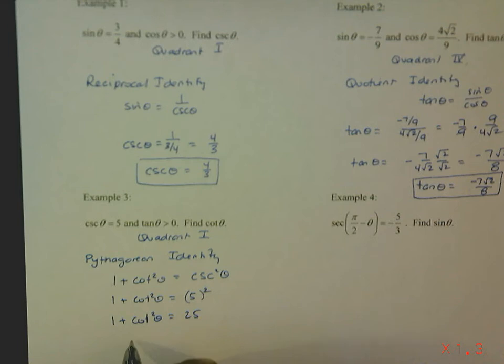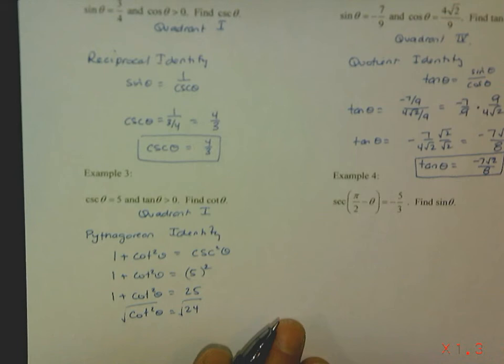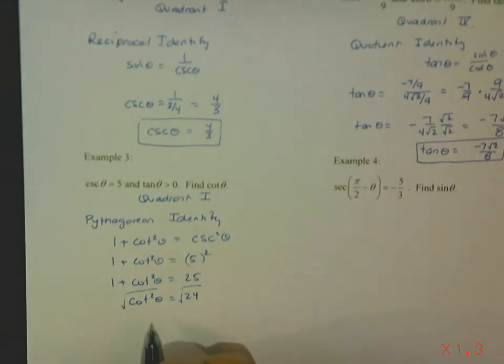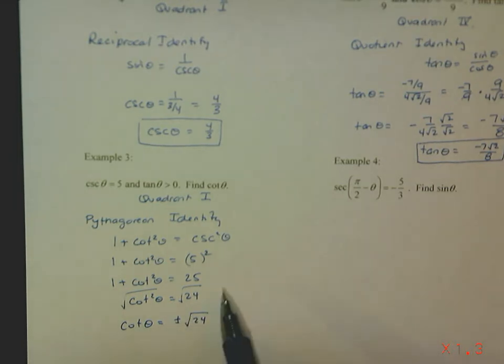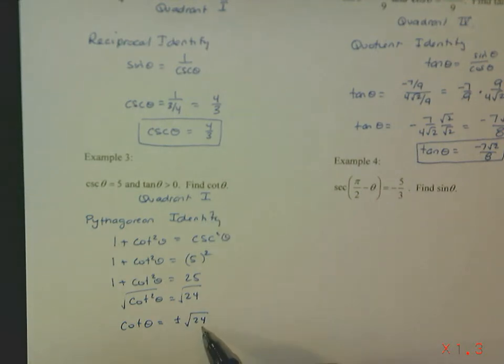I'm going to subtract 1 and I get cotangent squared theta is equal to 24. Now I can take the square root of both sides. And this is why I want to know the quadrant. When I take the square root of both sides, I'm going to get a positive and a negative. So I get cotangent theta is equal to plus or minus the square root of 24. Since I'm in quadrant 1, I know cotangent is positive in quadrant 1, so I want the positive version of this.